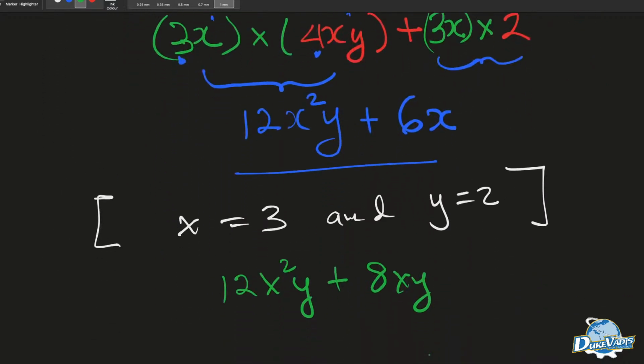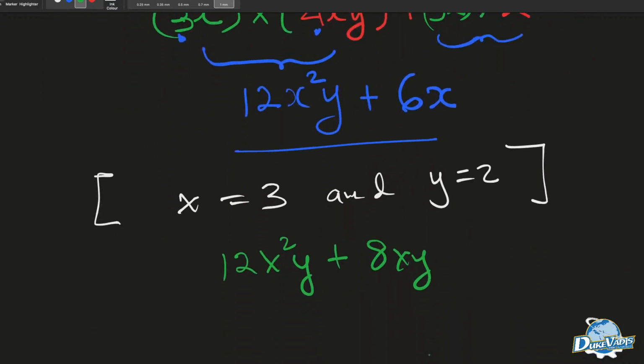Okay, so now we are going to substitute the respective values into where they are supposed to be. So this is going to be 12 multiplying x squared here. Our x is 3. So let's use a different color that will help us to identify what. So x is 3 squared multiplying, we can say dot or this by y, and our y value is 2.